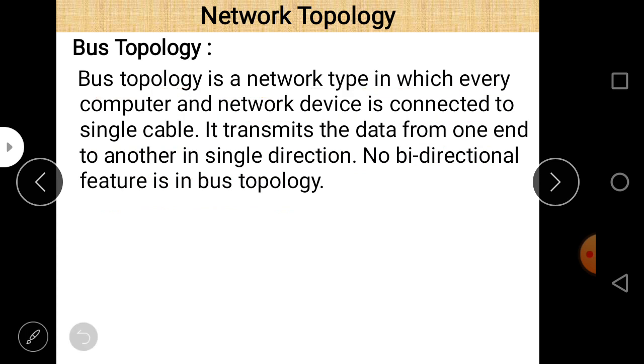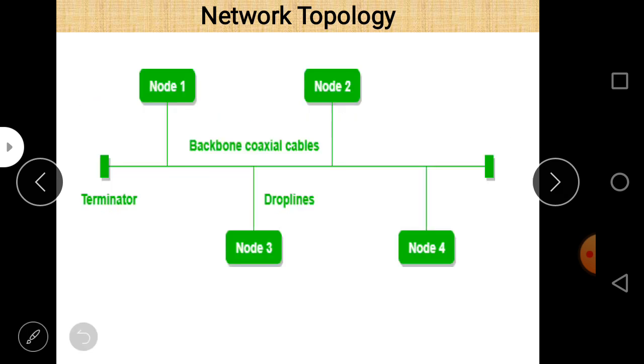Let us see this diagram again. This is a diagram of bus topology. This is a single line. You can easily see that these are the different nodes, or components. They may be a computer or a network device, and this line is called the backbone coaxial cable.